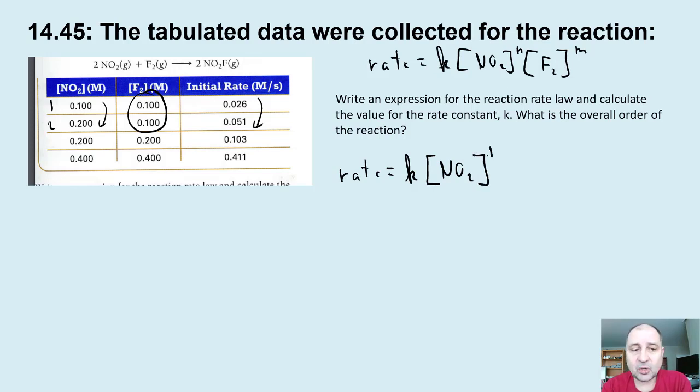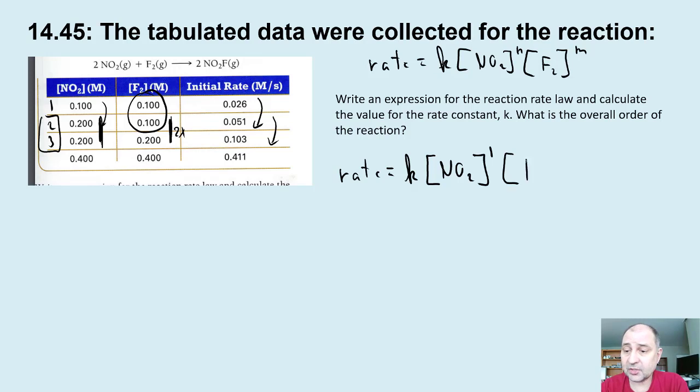And so let's determine the order of fluorine here. Now we're going to look at data point 2 to 3. So from 2 to 3, we're keeping NO2 constant now. We're doubling, times 2, the concentration of fluorine. And again, you're doubling the rate. So it's also first order.